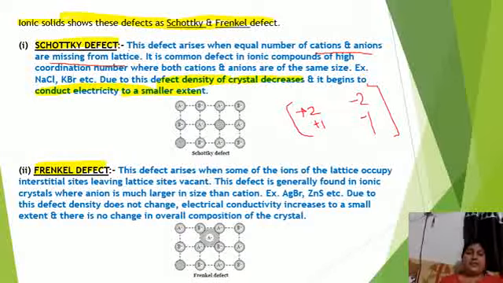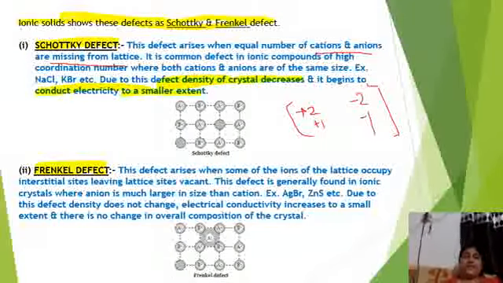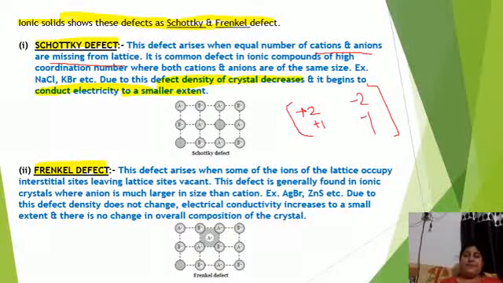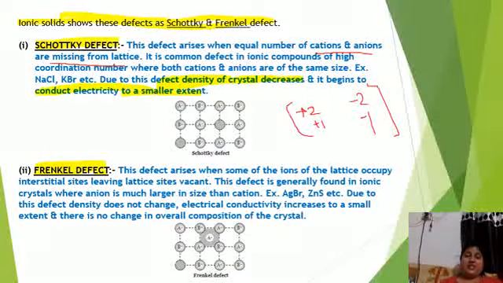The next one is Frenkel defect. What is Frenkel defect? In Schottky defect, the particles leave that place and a vacancy is created. But in Frenkel defect, no particle is moving outside. The particle just changes its place.